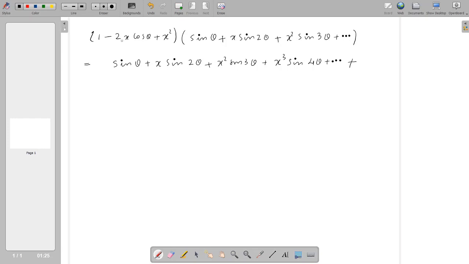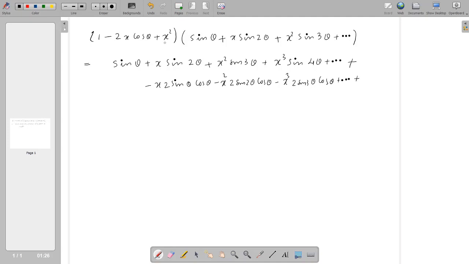So the first term, the term containing x, is minus x times 2 sine theta cos theta, minus x square times 2 sine 2 theta cos theta, minus x cube times 2 sine 3 theta cos theta plus etc.